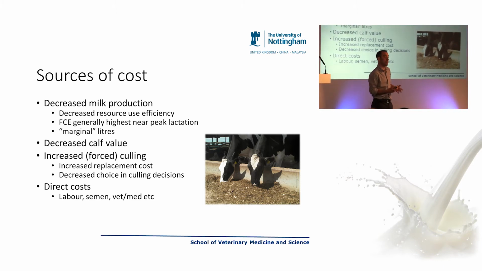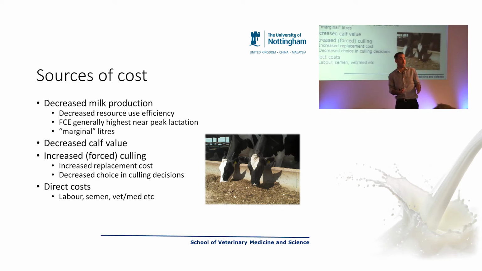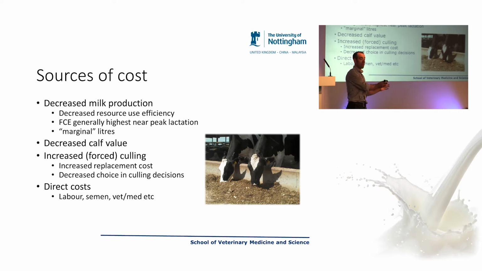Generally speaking, feed conversion is more efficient near peak lactation, so that's another reason that cows tend to be more efficient in early lactation. And by improving this and making sure that cows spend more time relatively close to early lactation and less time in late lactation, there's no fixed cost associated with the gains we're getting there. So we're just winning the margin on that milk. There are a number of other sources of cost to consider.